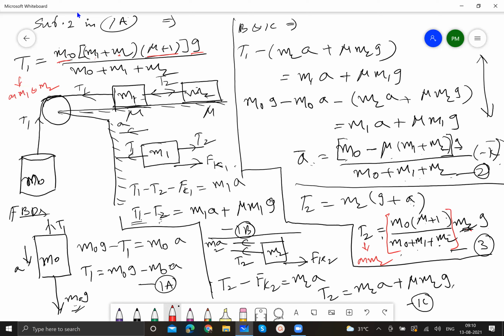Your own way of thinking logic will help you to solve the problems. It cannot be induced by me. I'm just telling you the way of developing a logic to do the problems easily. So once you get acceleration, then T1 and T2 can be remembered logically. That's what I mean.